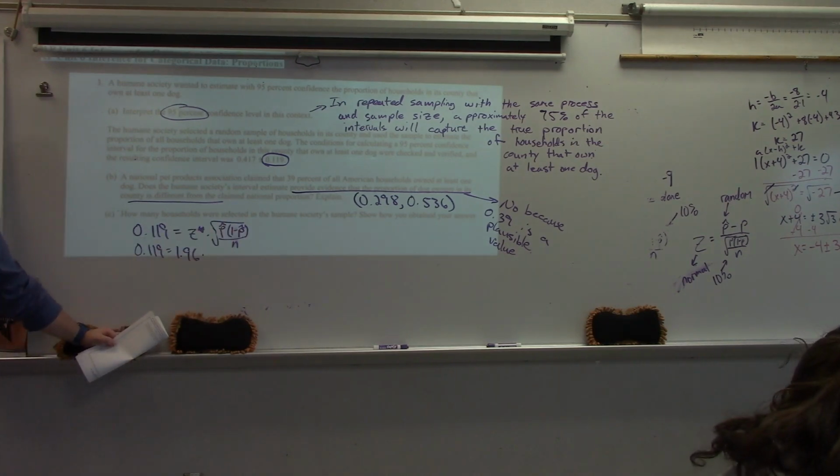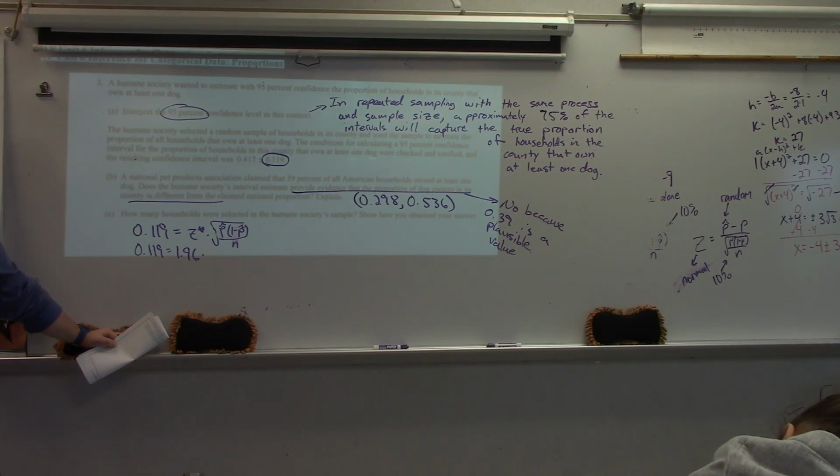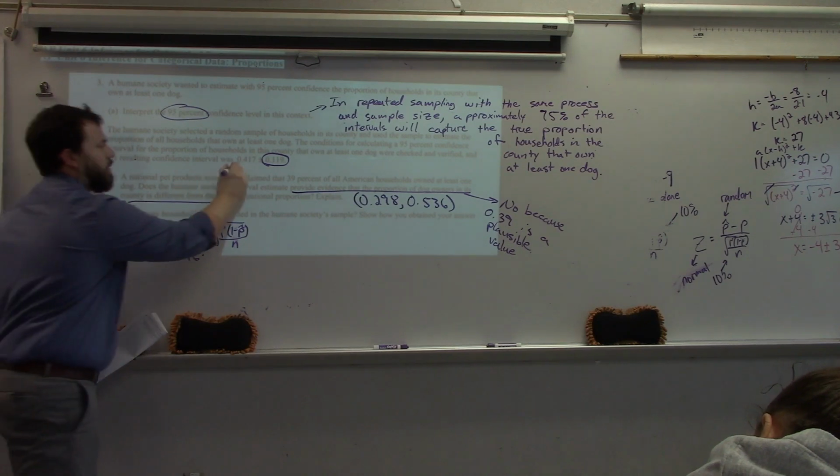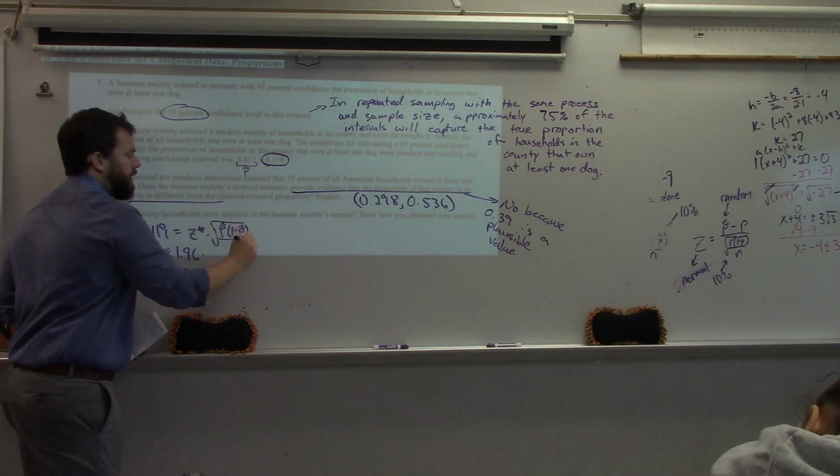Does anyone know any more about the values here? Are we going to have to make some assumptions? If we were trying to find the minimum sample size, you are correct. But I know what p hat is. It's 0.417. Remember, that's my p hat in this case.